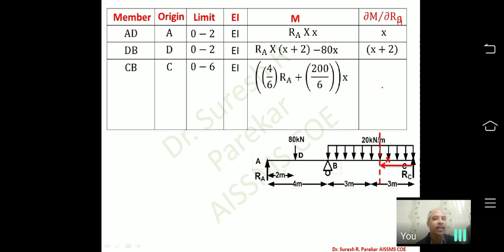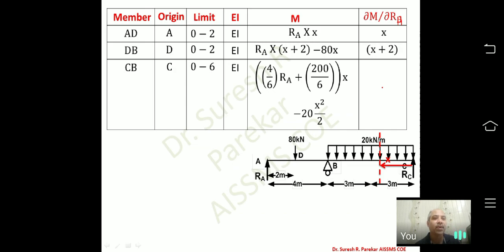If you remember in the last slide, we have 4 by 6 RA plus 200 by 6. So I have substituted value of RC, 4 by 6 RA plus 200 by 6, into X, and minus 20 X square by 2.